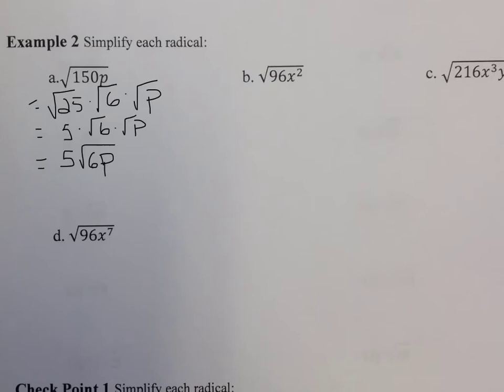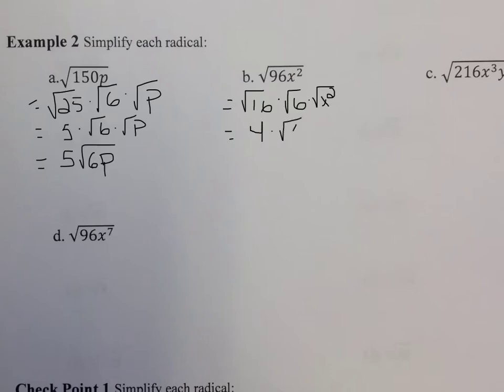Let's try it with b. 96 can break down into 16 times 6. So we've got the square root of 16 times the square root of 6 and times the square root of x squared. Square root of 16 is 4. We can take the square root of that, so we'll write that as 4.